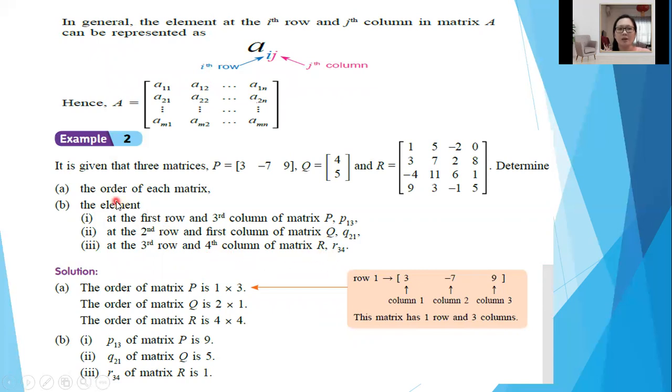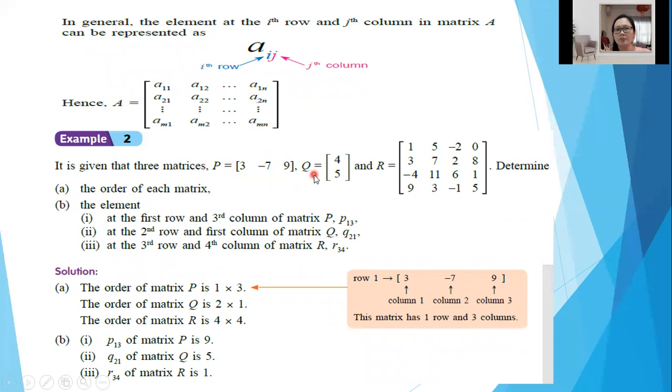So remember how to determine the order of a matrix? It is row by column. So P, how many rows? 1 row. How many columns? 1, 2, 3. So the order of matrix P is 1 by 3.